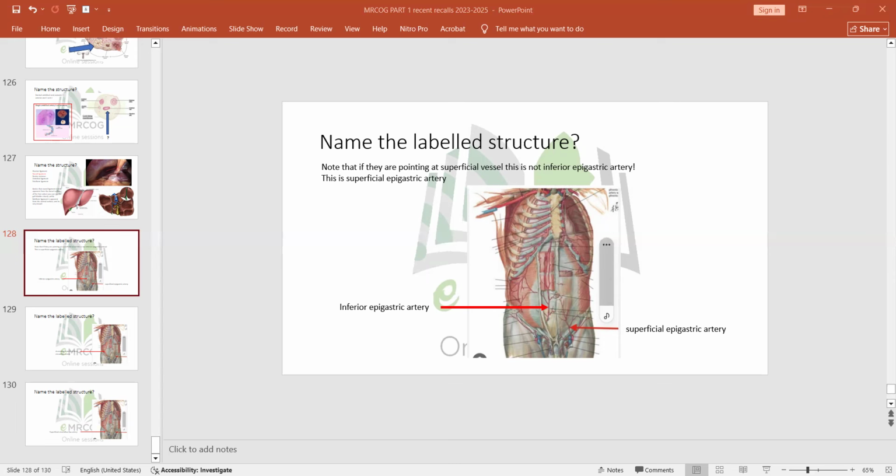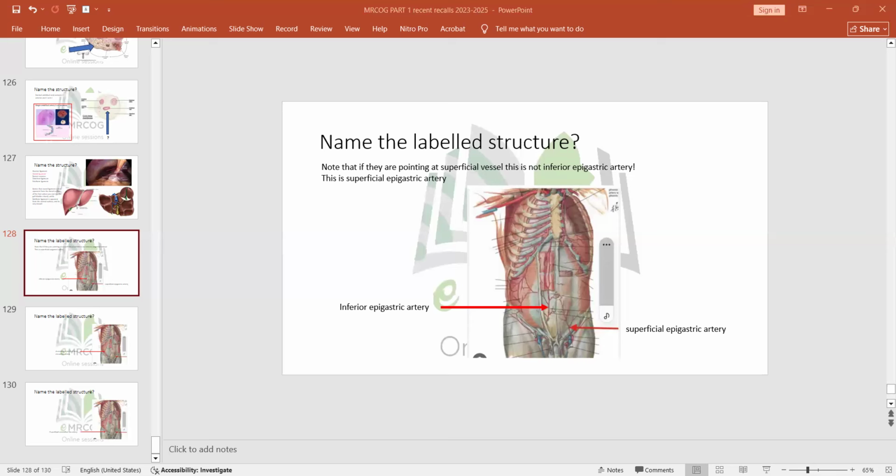Especially laparoscopy. Who can tell me the inferior epigastric is a branch of what? External iliac, excellent. Yes, external iliac.